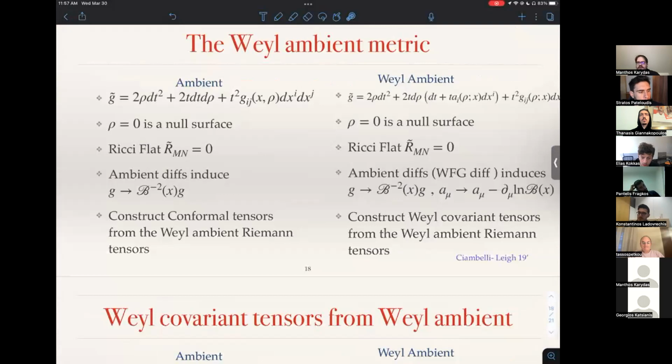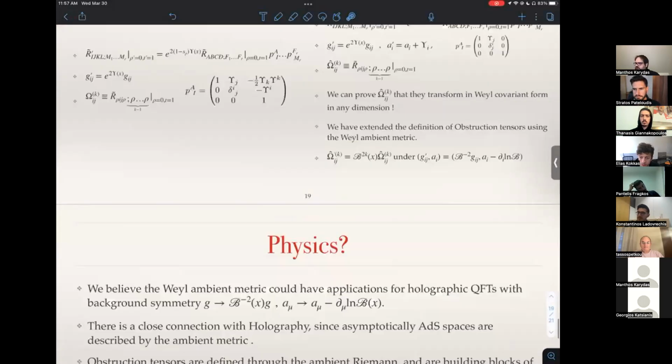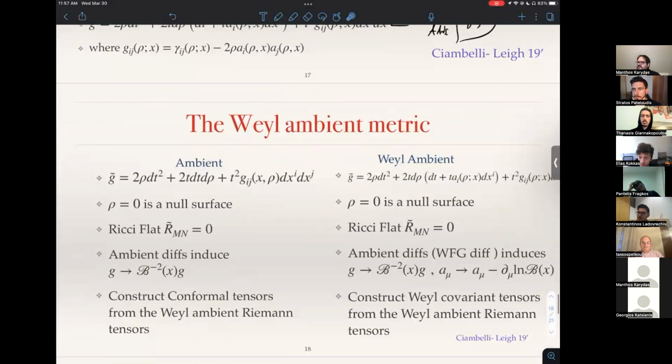Okay, I'm almost out of time. Let me see. I just described these are basically a one-to-one correspondence. There's only this new extra field here. The rho equals 0 is an outer surface. They're both Ricci flat. We don't change that. The ambient diffeomorphism induced this, as we said, but here we found that they induce this kind of symmetry of the boundaries.